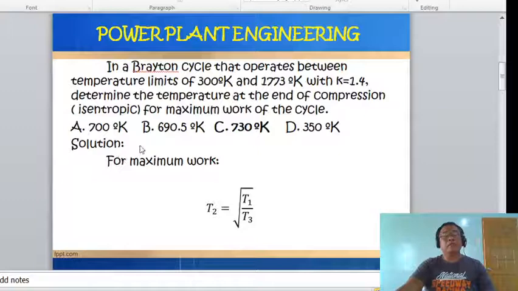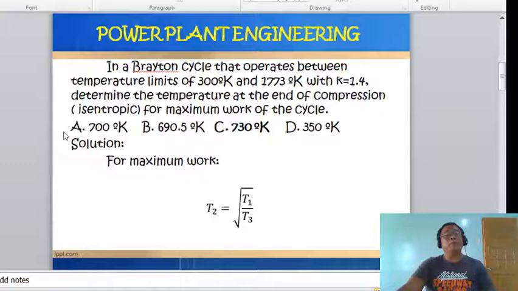Okay, so as what I explained in the previous presentation, in part 1 of this topic, for maximum work, T sub 2 is equal to the square root of T sub 1 over T sub 3. Take note, class, that the problem presented here is a multiple choice type.